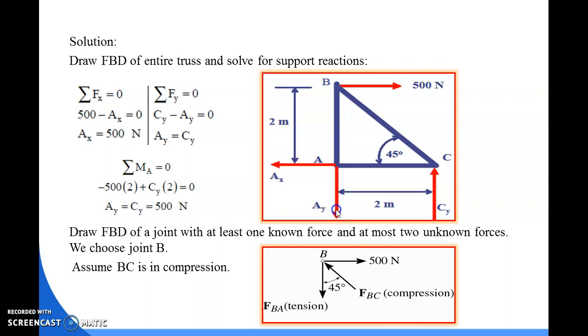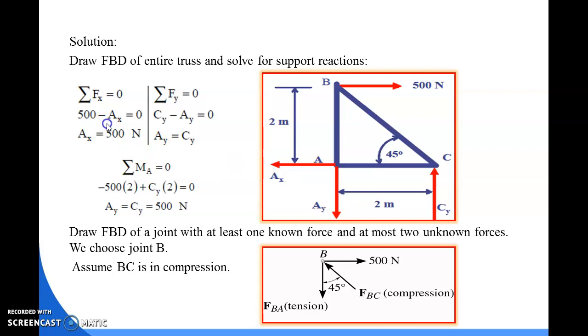These are the sign conventions of forces or reactions. Here the 500 Newton acts to the right, so it is positive, and the direction of the AX reaction is to the left, so we take this reaction as negative.